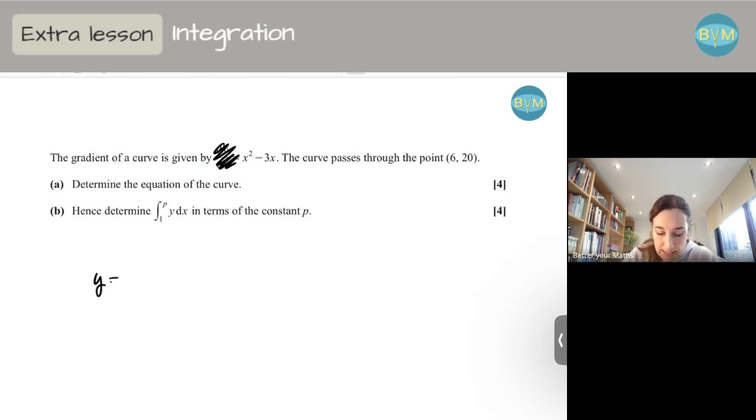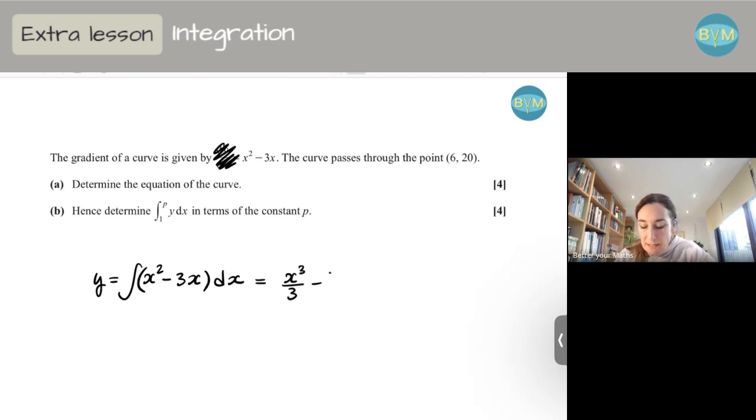The curve, my y, is going to be the integral, we don't have limits, of x squared minus 3x. Everyone do that integral quickly, please, because it's very simple. So we have x cubed, 1 more, divided by 3, minus 3, 1 more, divided by 2, plus the constant of integration.